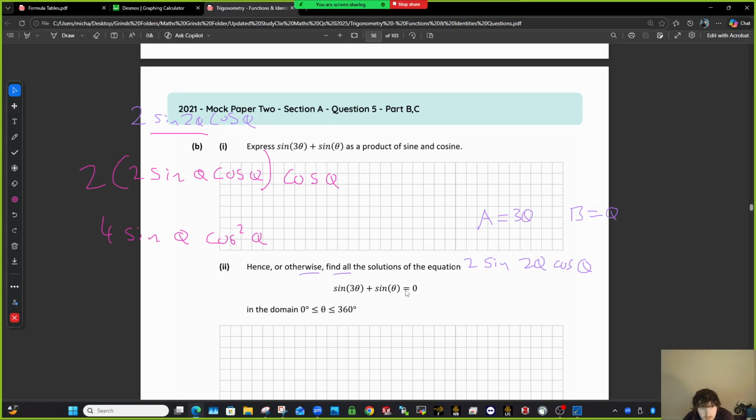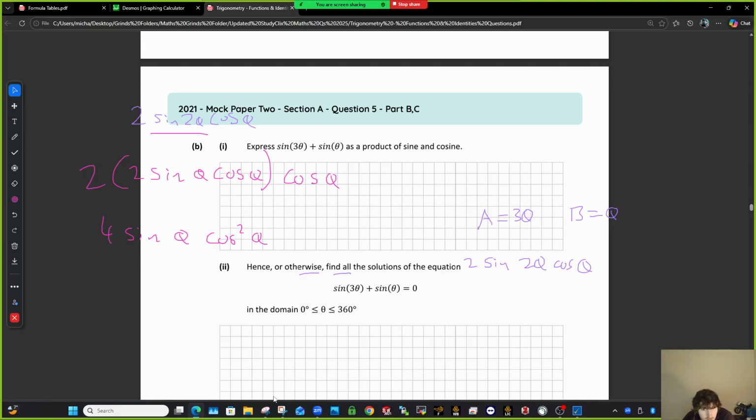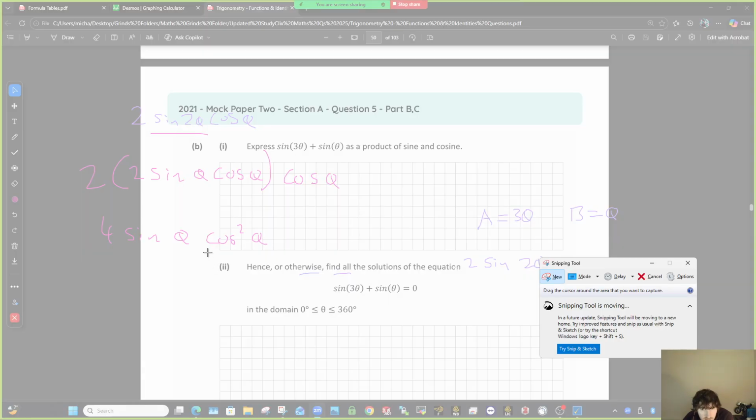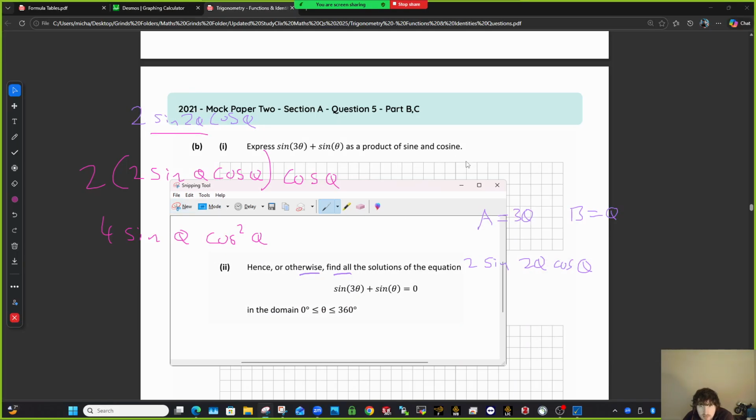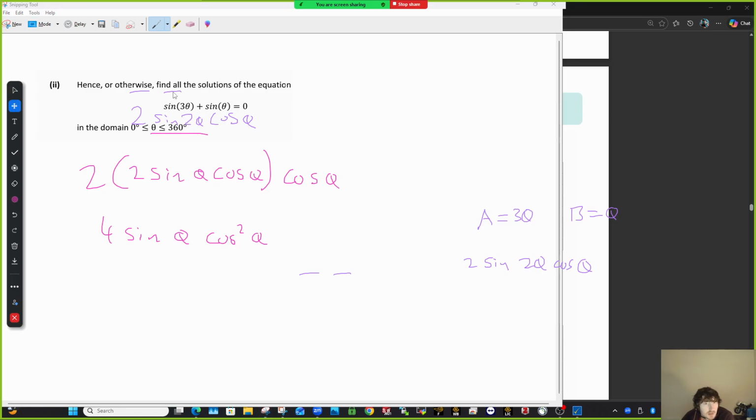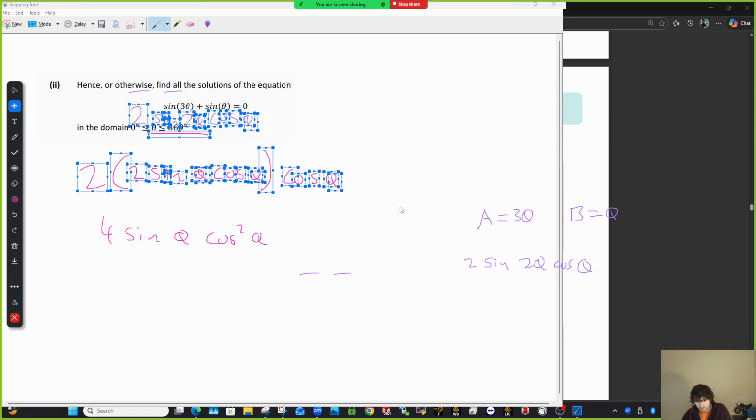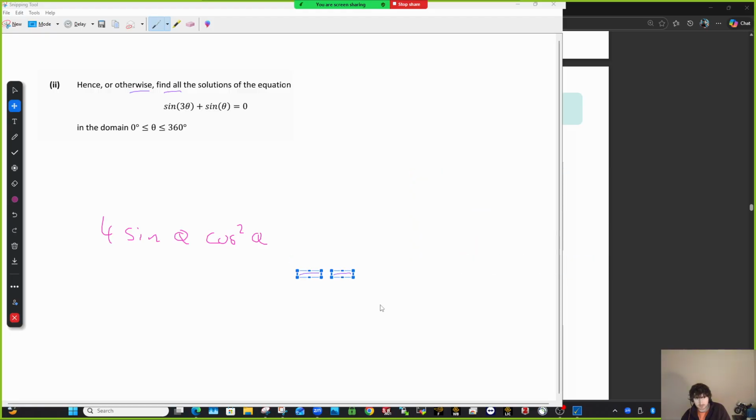So then it wants you to solve this thing by setting it equal to 0, and it wants the answers between there and there. So let's see, can I get that snip there without everything blowing up? Yeah, so you've done the algebra there, and then it says set the thing equal to 0.